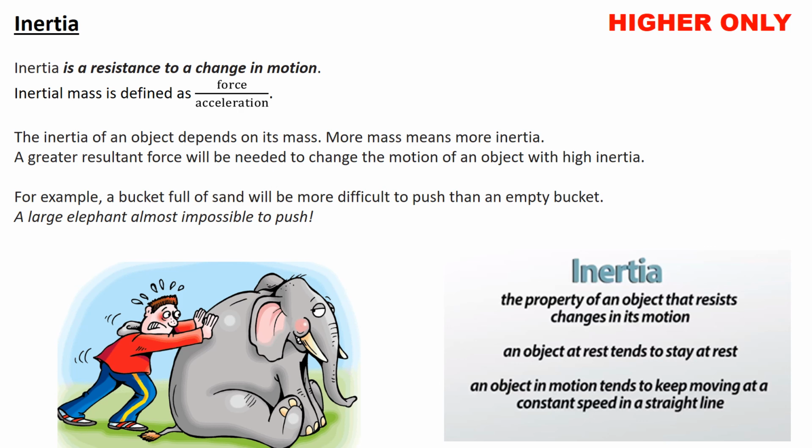And therefore, if something has more mass, it has more inertia. It's as simple as that. It's not anything more complicated. So if you want to push a bucket of sand, it is easier than pushing an elephant. And what they want you to do is think about this in terms of Newton's second law of motion and apply that concept.